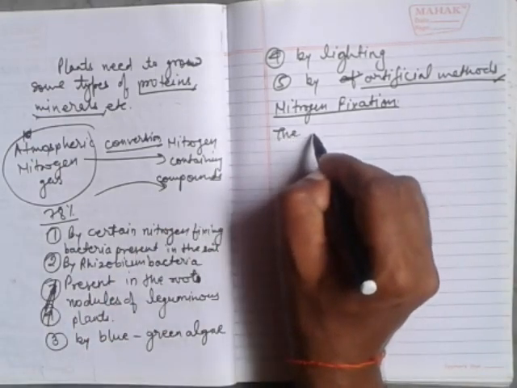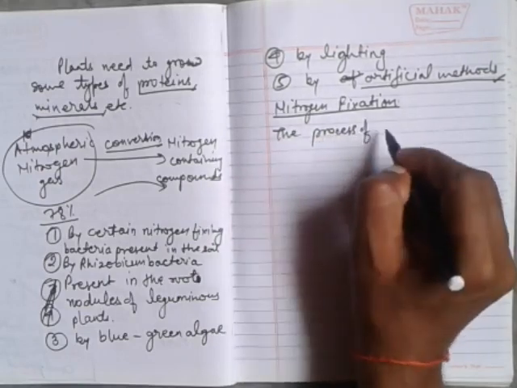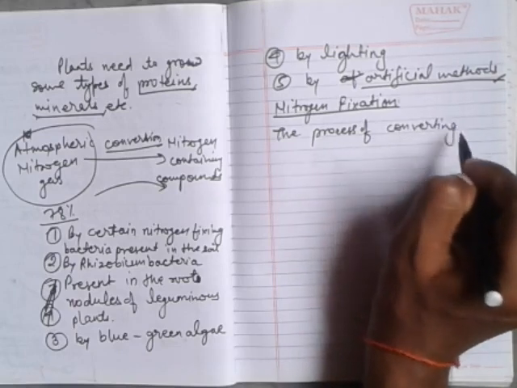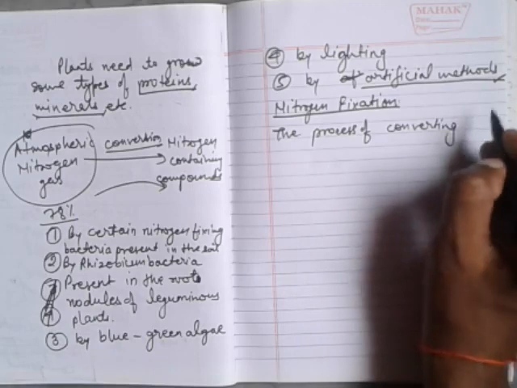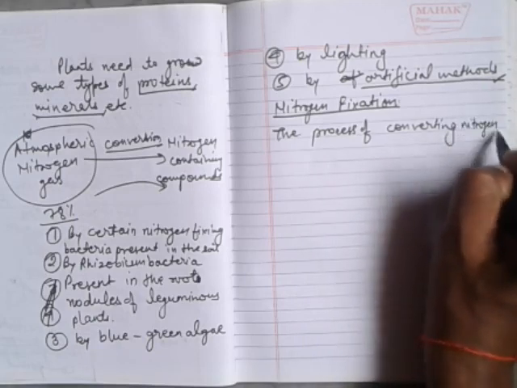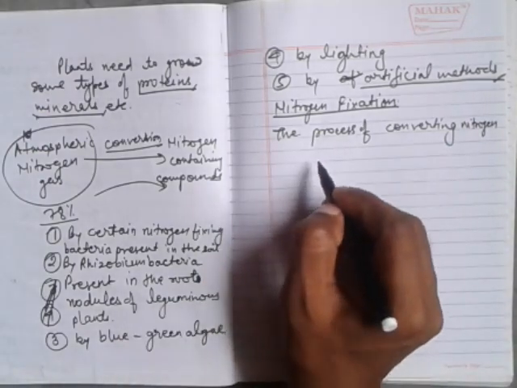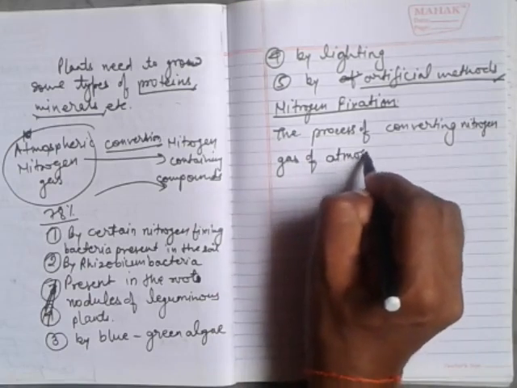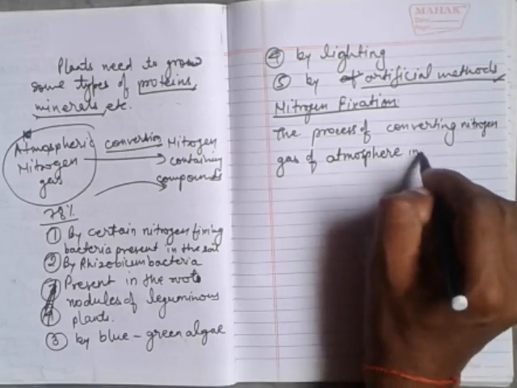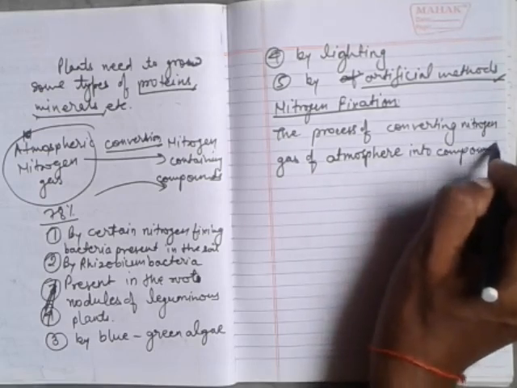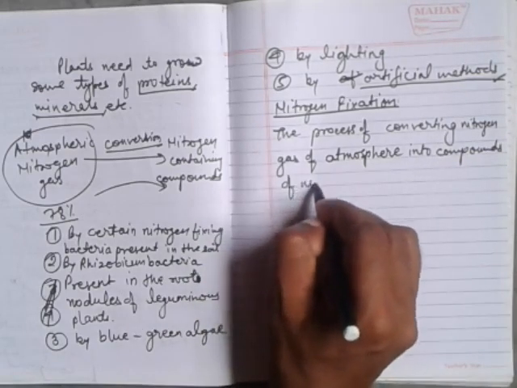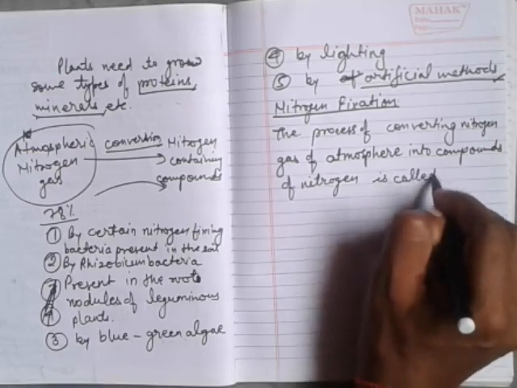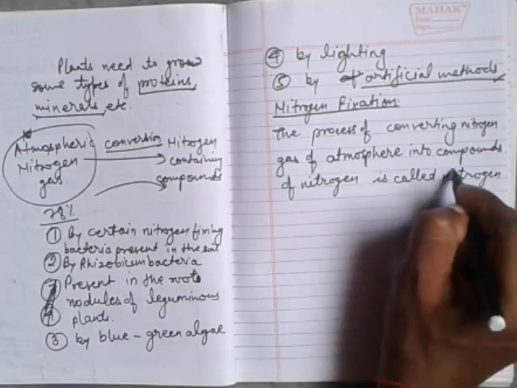So we can write it as: the process of converting or fixing nitrogen gas of atmosphere into compounds of nitrogen is called nitrogen fixation.